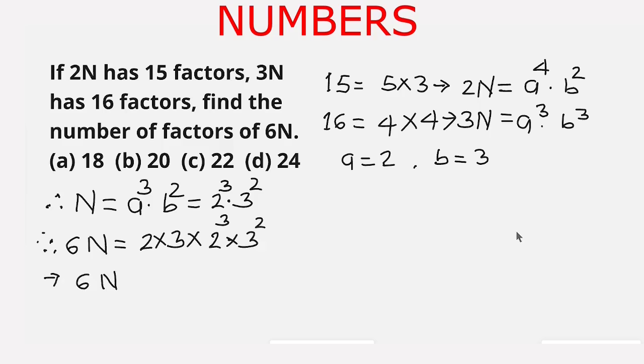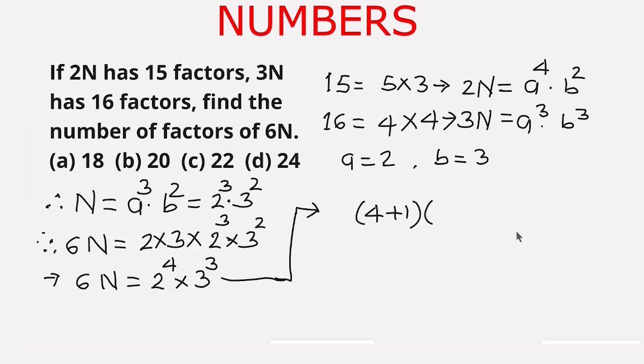This gives 6n equal to 2 to the power 4 multiplied by 3 to the power 3. If the power of 2 is 4, then the factors will be 4 plus 1, and the power of 3 is 3, then the factors will be 3 plus 1.